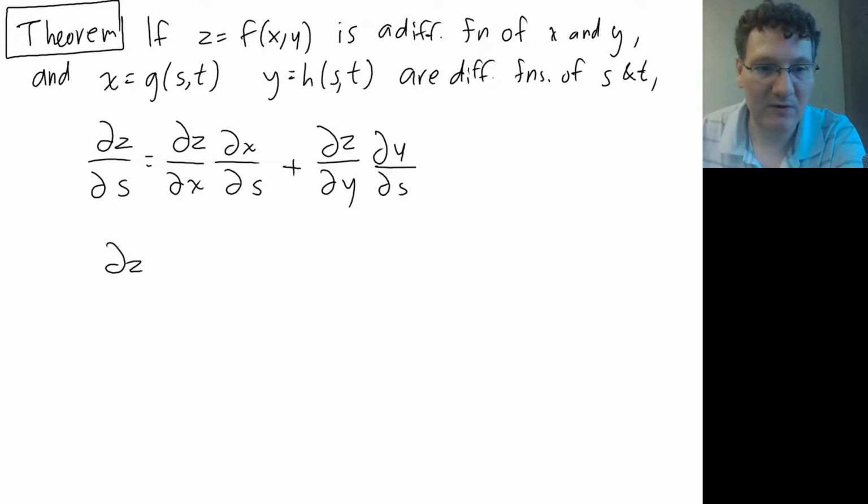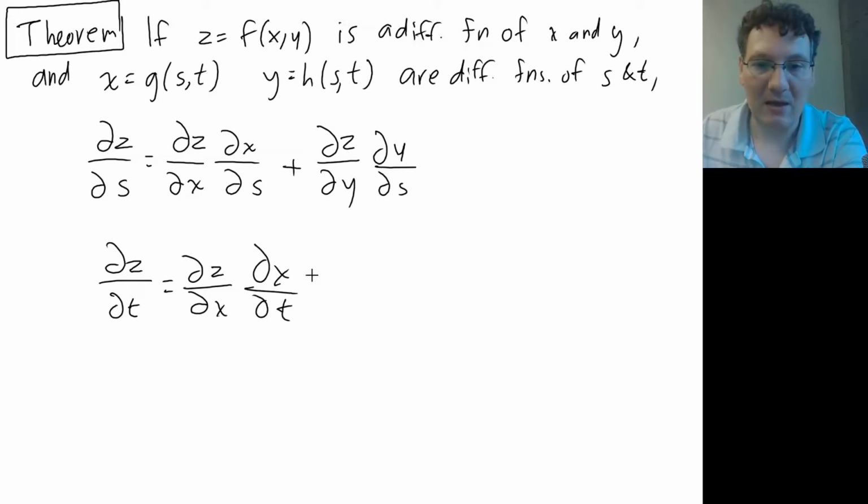And the partial derivative of z with respect to t is similarly going to be the partial derivative of z with respect to x times the partial derivative of x with respect to t now, plus the partial of z with respect to y times the partial of y with respect to t this time.